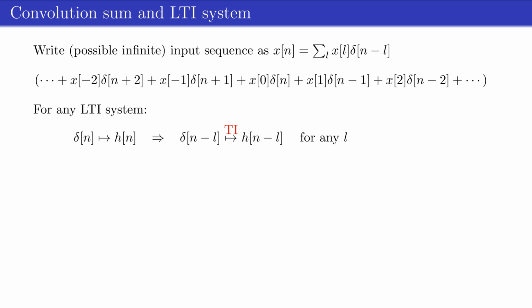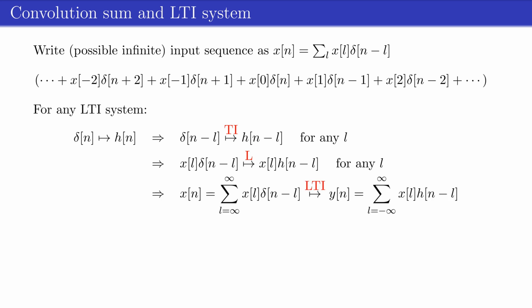Because of the time invariance property, a shifted delta pulse over l samples will result in a shifted impulse response h[n minus l]. Multiplying the shifted delta pulse with a constant x[l] will result in x[l] multiplied by h[n minus l] because of linearity.